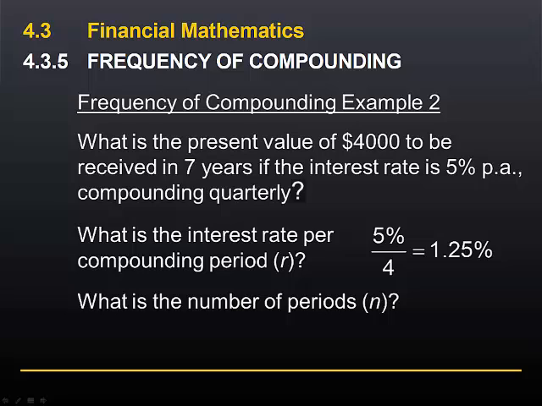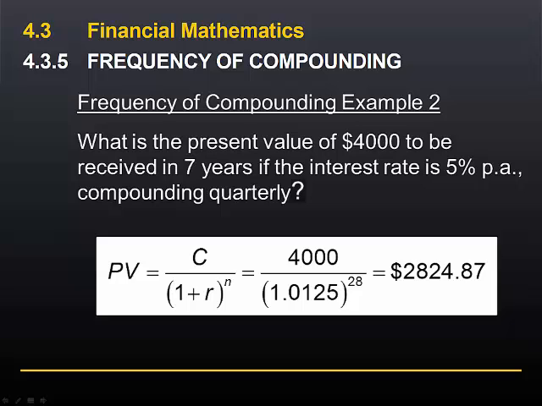The interest rate per compounding period is 1.25%, and the number of periods is 28. Now that we have C equal to 4,000, R equal to 1.25% or 0.0125 in the formula, and N equal to 28, what is the present value?